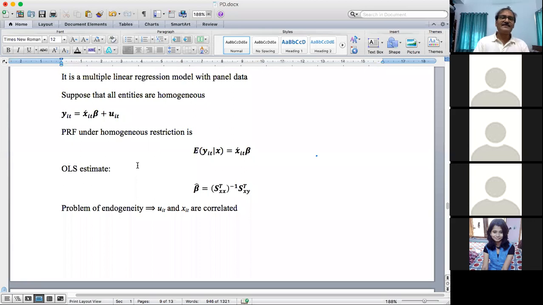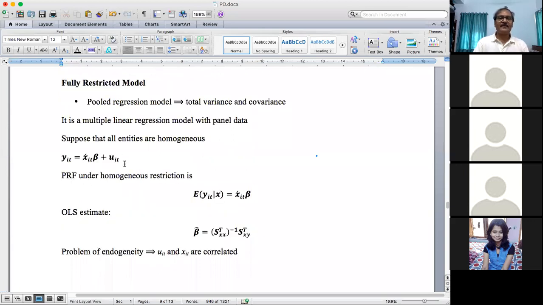But still, at this point in the pooled regression model, we cannot eliminate it, because even in the pooled regression model, although we are using the full sample, the data matrix as a whole, we are not utilizing the basic benefits that can be obtained from the panel data.